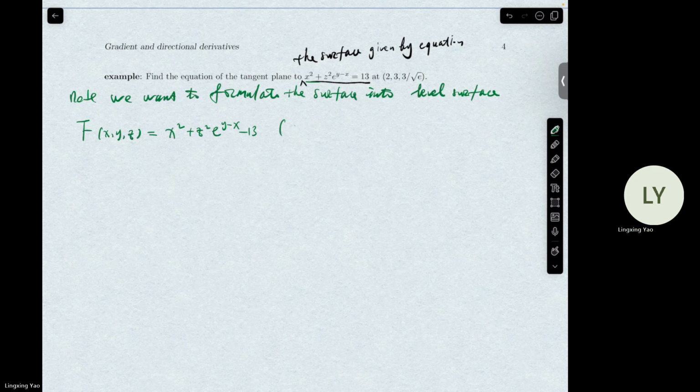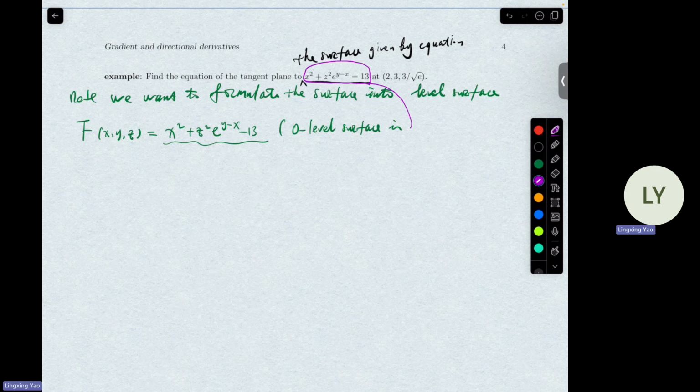So note the 0 level surface, which is setting everything for the function capital F to 0. The 0 level surface is this equation. So we know that we're doing the right thing by setting this capital F as the function to generate the level surface. So the original equation.